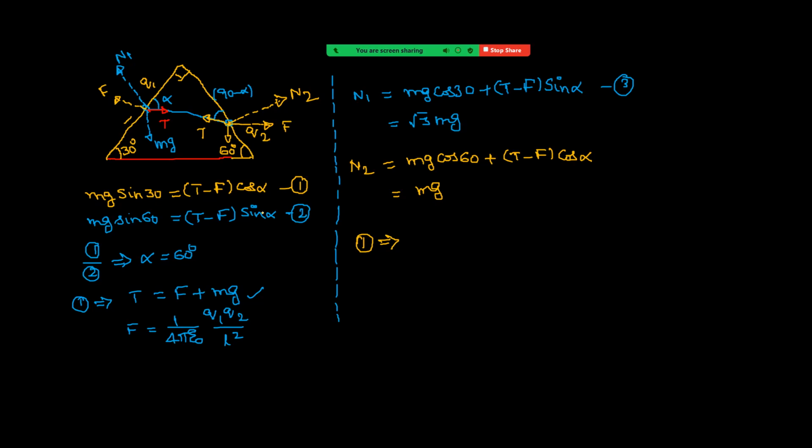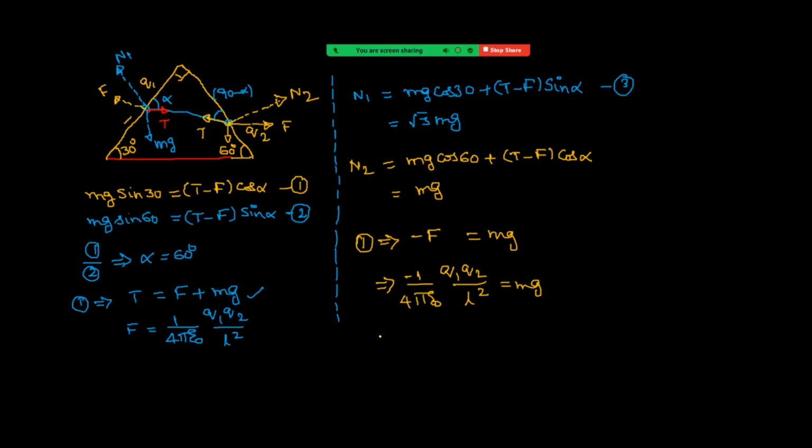So mg equal to minus f. In the place of f, what can I write here? It is minus 1 by 4 pi epsilon naught q1 q2 by L square is equal to mg.